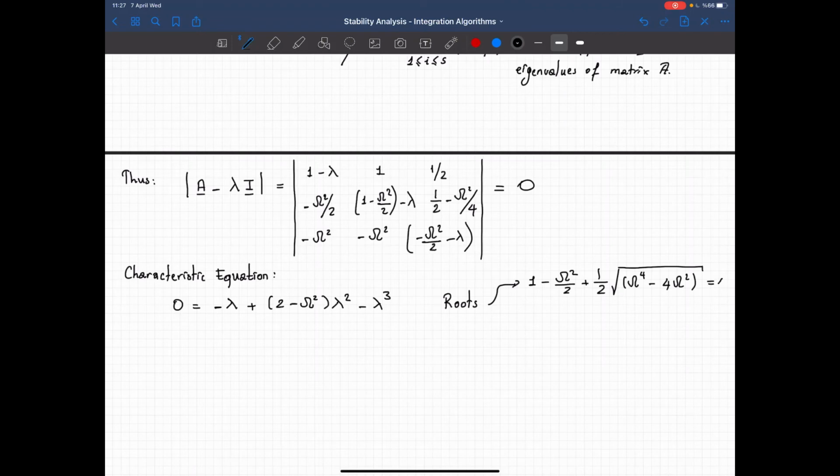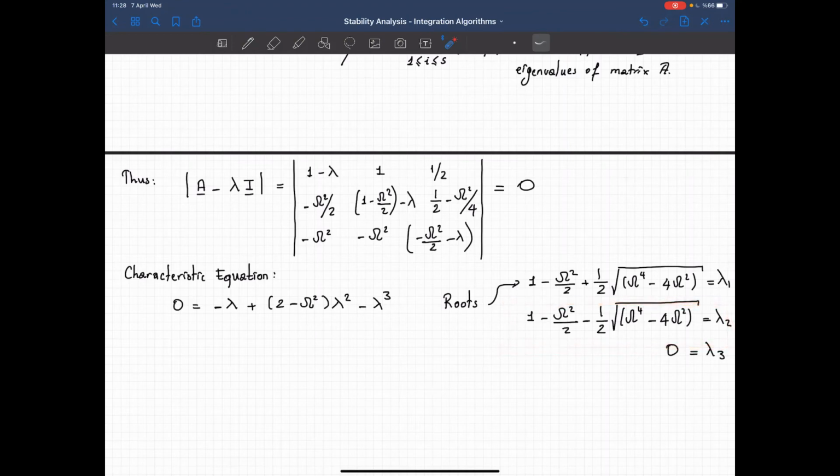The second eigenvalue is 1 minus omega squared over 2 minus 1 over 2 square root of omega to the power 4 minus 4 times omega squared. And the third eigenvalue is equal to 0.